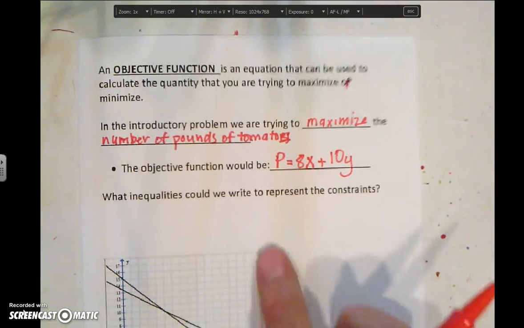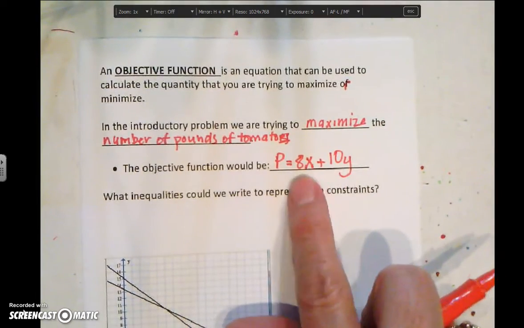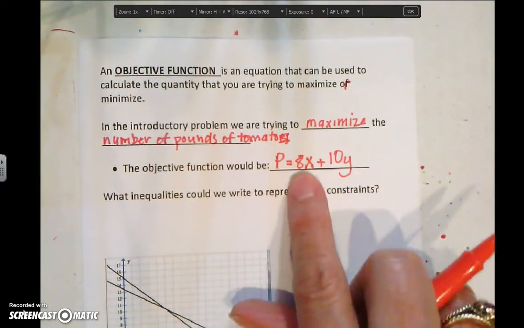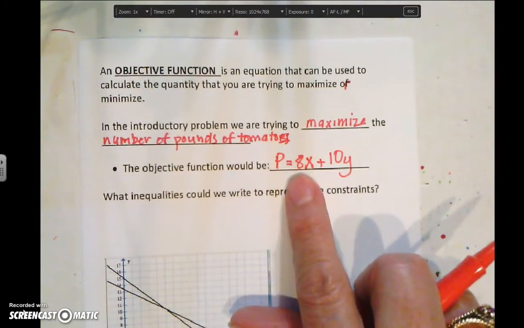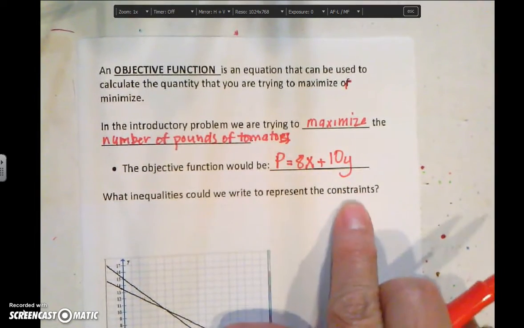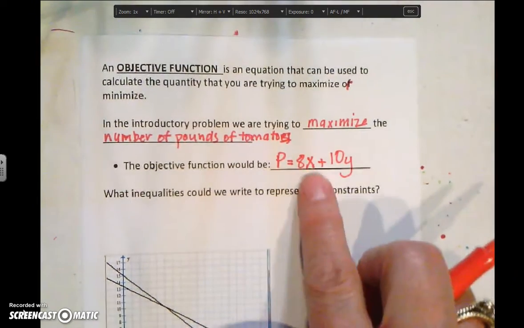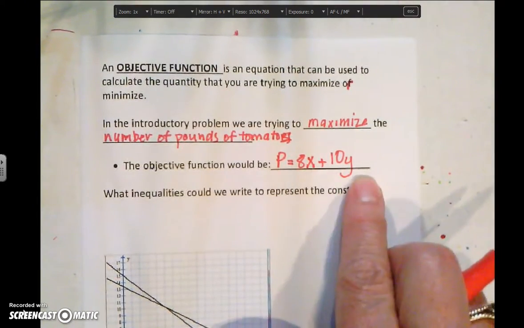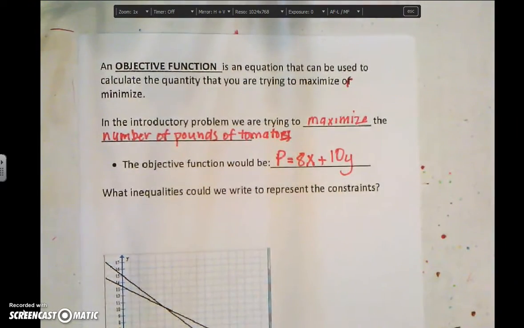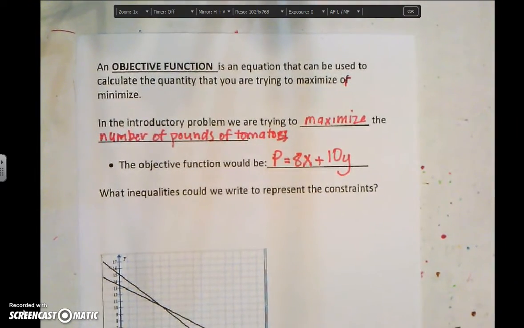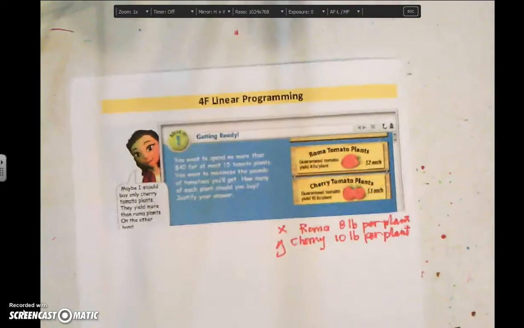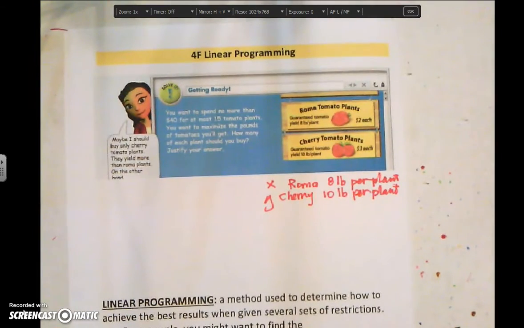We want to make that as big as we possibly can. But we can't go up into the hundreds and 200s because we've got some constraints, inequalities that are going to keep us from just making tons and tons of tomato plants or buying and producing. All right, so let's look now at the inequalities that we might need to come up with over here.